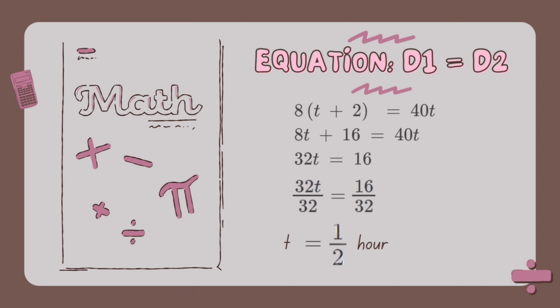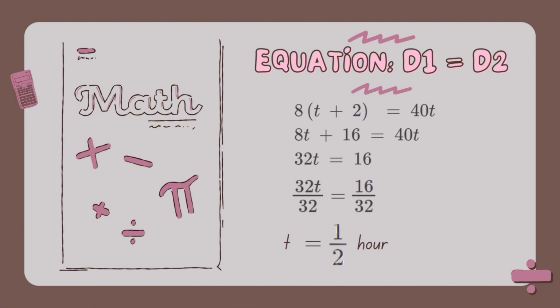In the second step, we need to distribute 8. So, it will become 8t plus 16 equals 40t. And then the next step, we need to transpose 40t to the left side, and the sign will change.